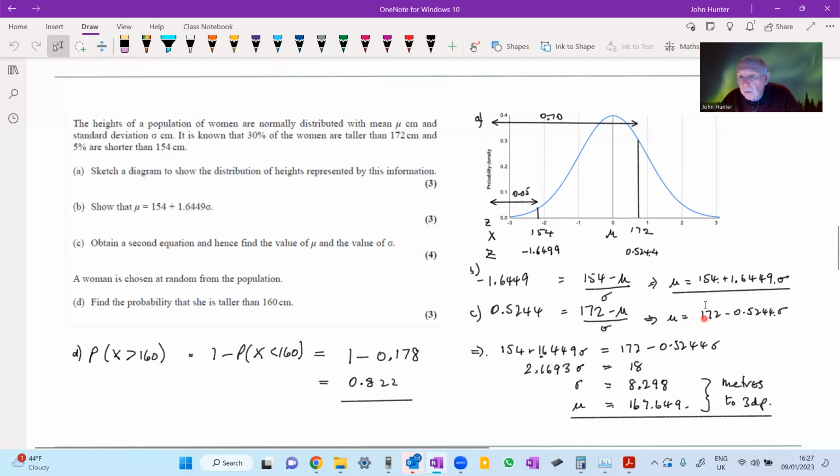Well, simultaneous equations. Obtain a second equation and hence find the value of mu and the value of sigma.